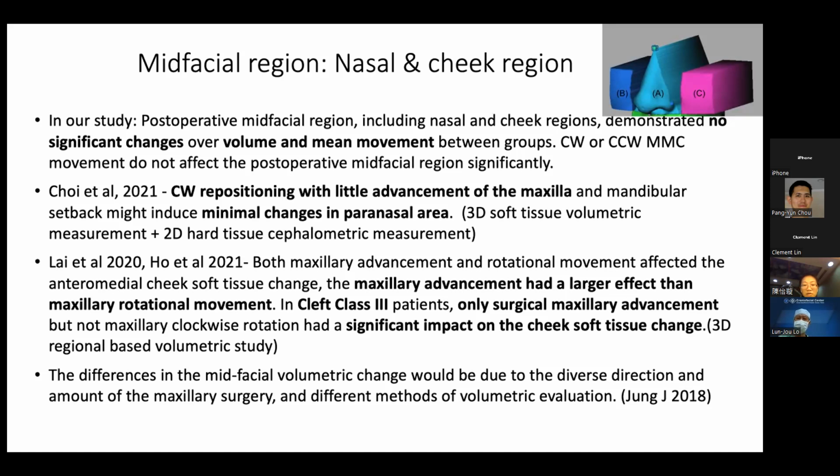And in cleft class 3 patients, only surgical maxillary advancement had a significant impact over the cheek soft tissue changes. And all these differences in mid-facial volumetric changes could be diverse due to the diverse direction and amount of the maxillary surgery and different methods of volumetric evaluation.